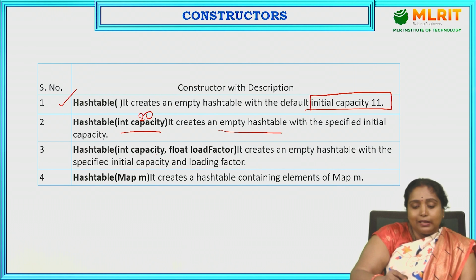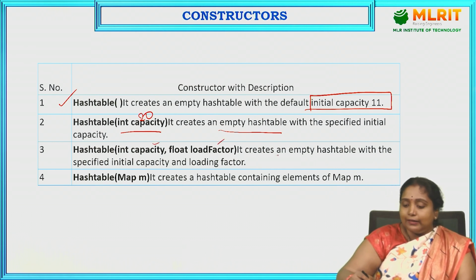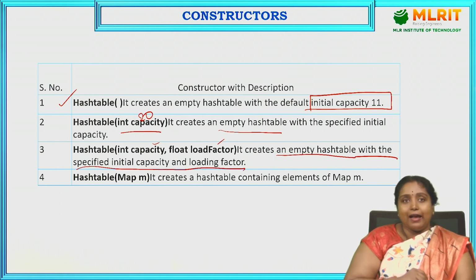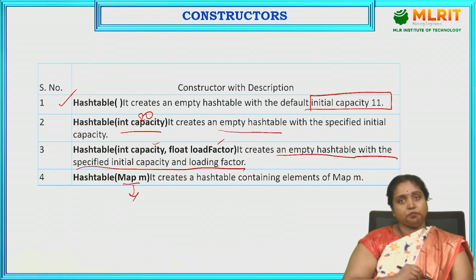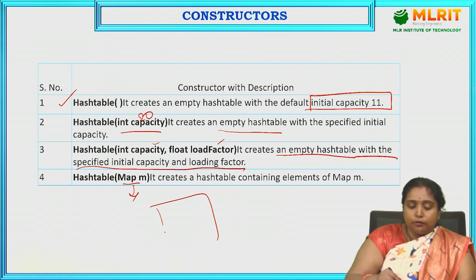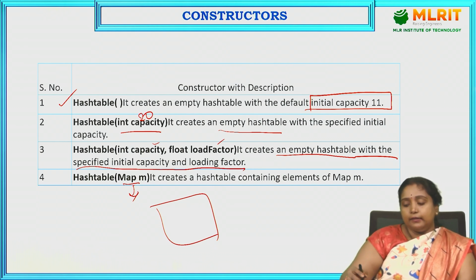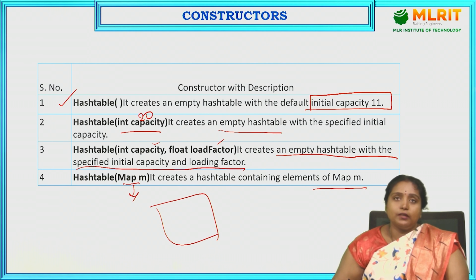And you can also give capacity and load factor, so it creates an empty hash table with the specified initial capacity and load factor. And if I already have a collection of elements mapping key-value pairs in a map, I can give that map. So these are the 4 constructors for Hashtable.